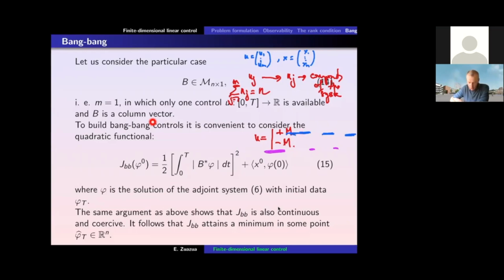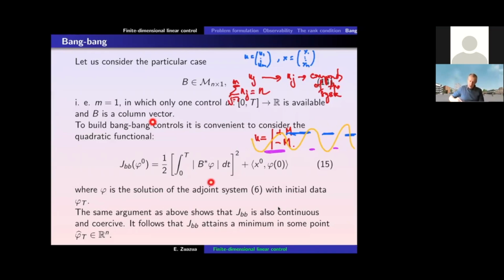I said we got something that was very nice and smooth. Certainly not bang-bang. So can I also, out of the Kalman rank condition, produce bang-bang controls? And the answer is yes. Yes, I can, right?